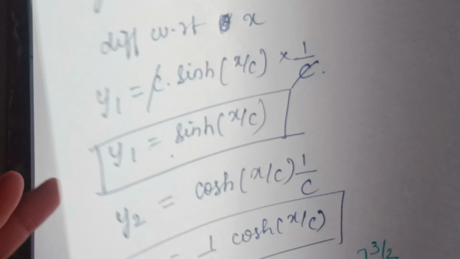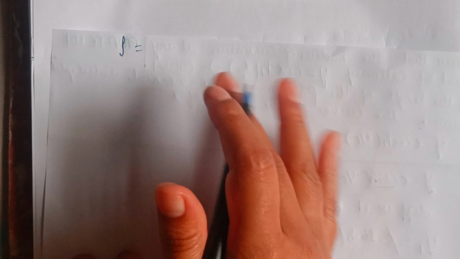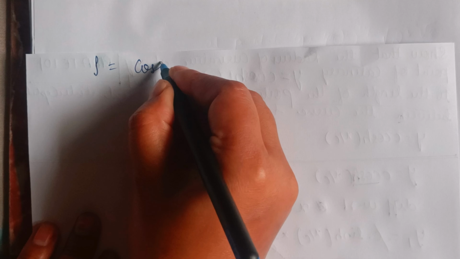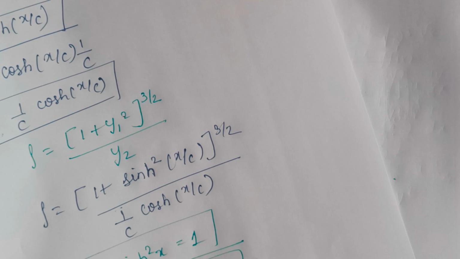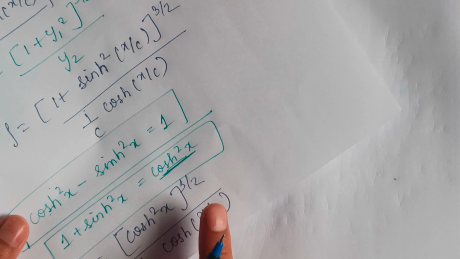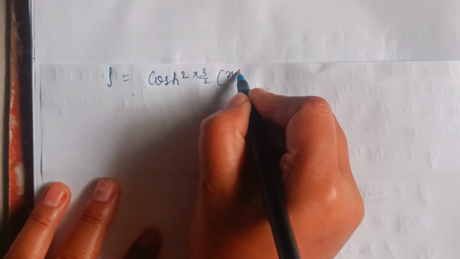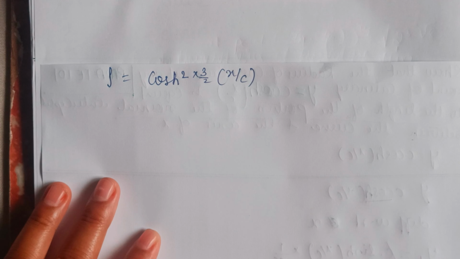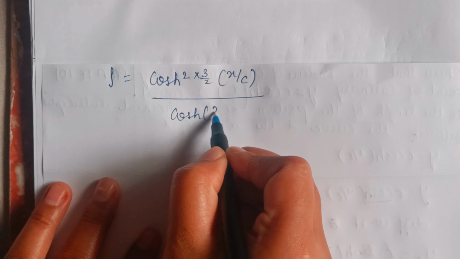Now in the next stage, rho equals cos hyperbolic square we have, whole to the power 3 by 2 we have. So cos hyperbolic into 3 by 2 angle x by c, divided by cos hyperbolic x by c.